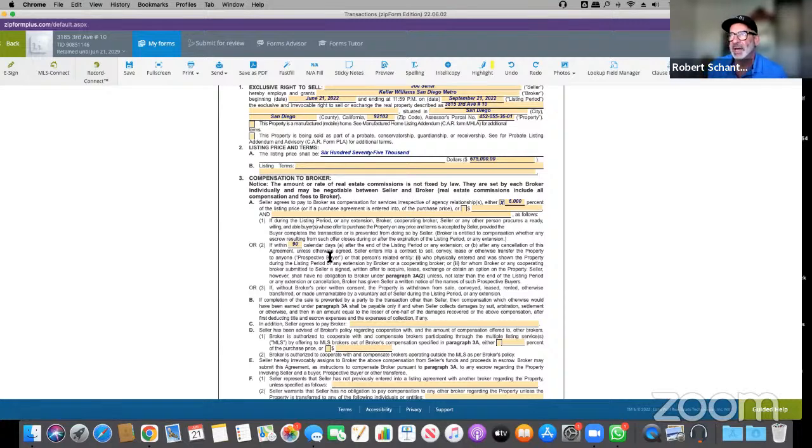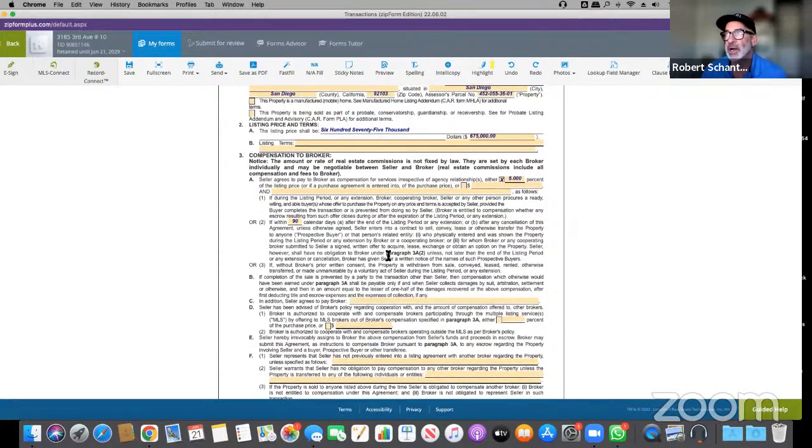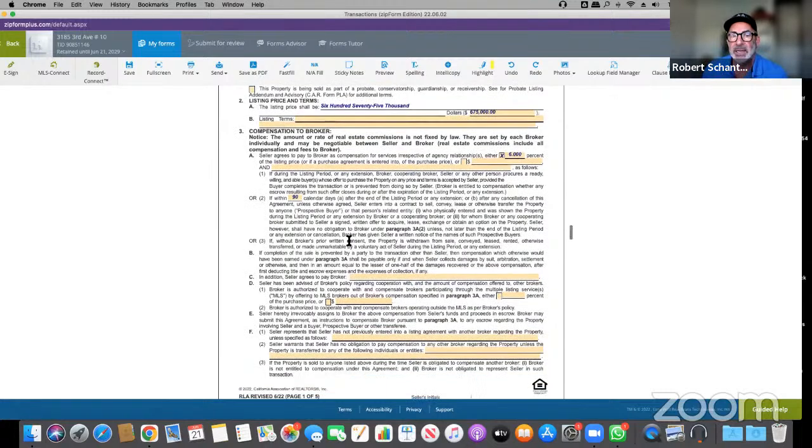It's to prevent that type of stuff from happening, so that you can make sure you get paid, because during the listing period you presented, you marketed the property, you advertised, and you got people there. So it's trying to prevent sellers from going behind your back after the listing is either canceled or expires, to get some of the buyers that actually came during the listing period, because you need to be rewarded for your efforts, which is basically what they're looking for you to do: market the property and bring buyers. And this paragraph protects it.